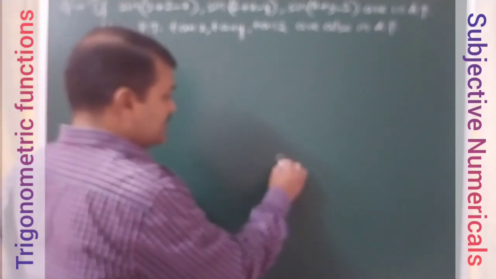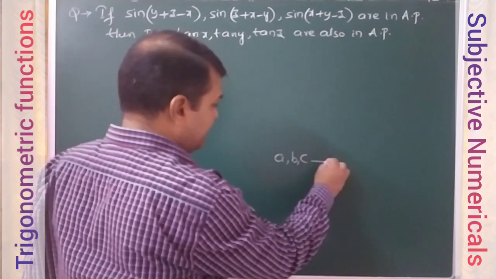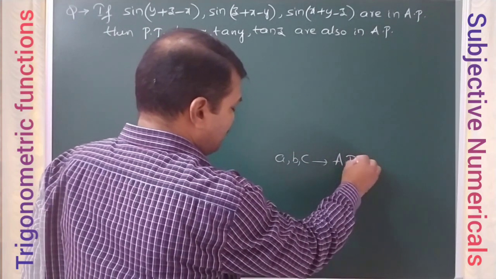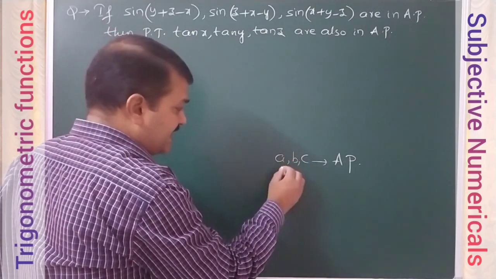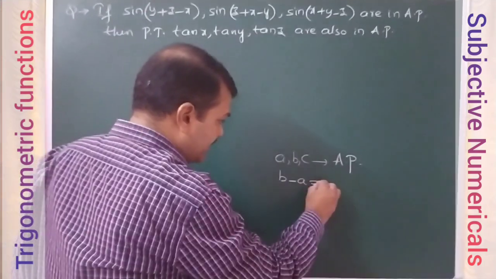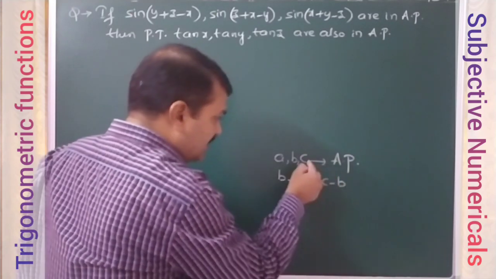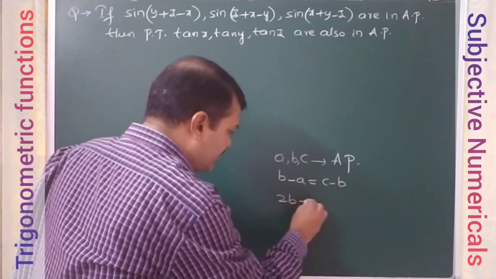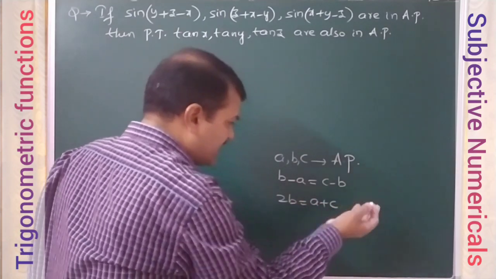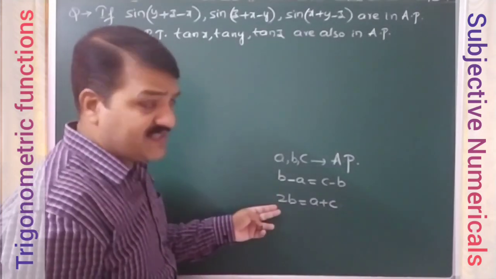So when 3 terms are in AP, for example, if A, B, C are in AP, then what conditions will we use? We can write second term minus first term is equal to third term minus second term, or we can write 2B is equal to A plus C. Both are the same, from this condition itself we get this.